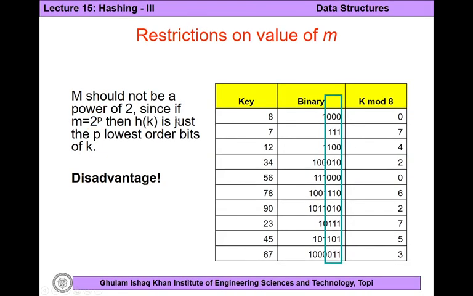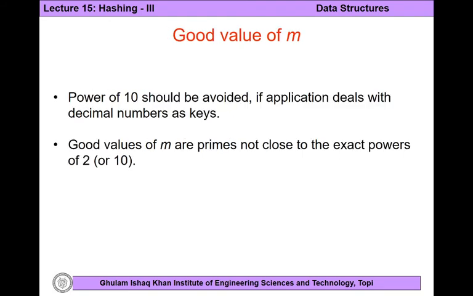Usually you can go for prime numbers, which are good for the size of the hash table, not close to exact powers of 2, and a power of 10 should also be avoided. Now these figures have been obtained based upon various analyses, and I am not going into the details of those analyses here because that is not within the scope of this course, but these things should be kept in mind while fixing the size of the hash table, right.